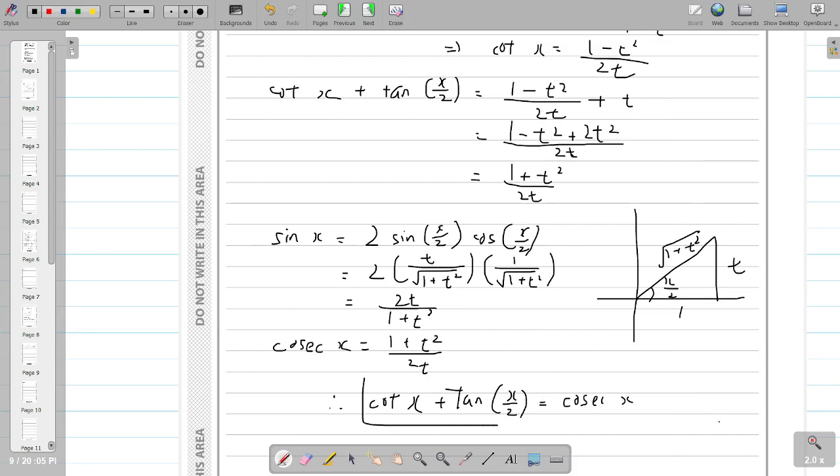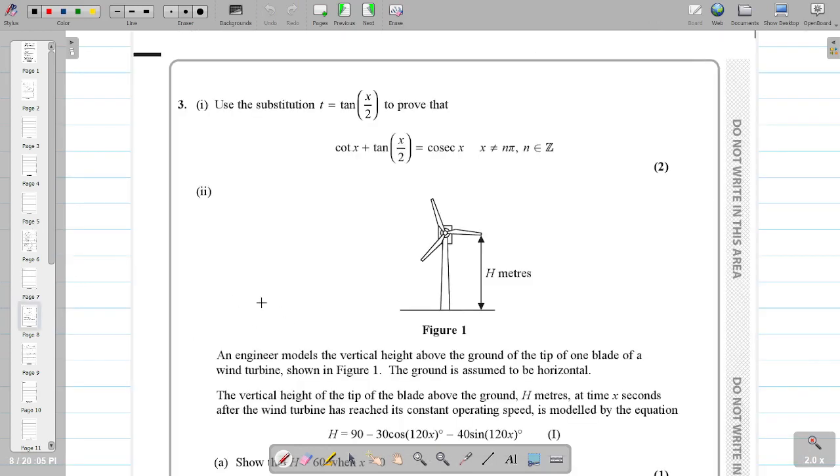All right, that is the solution to question number 1. Seems pretty straightforward, so this one's done. x is not equal to n pi, because if x is equal to n pi, then this would be infinity, so we don't want that.